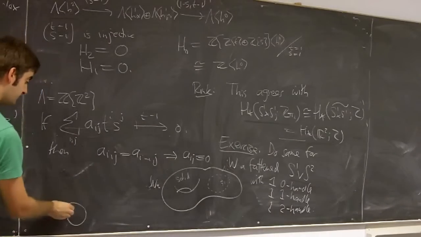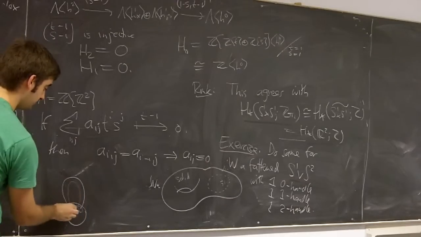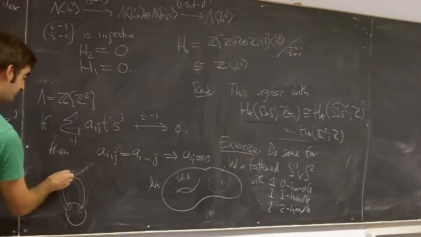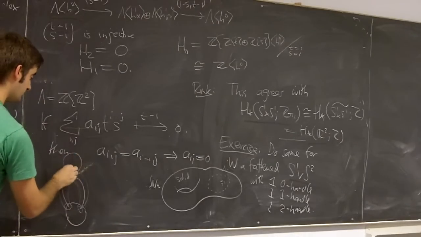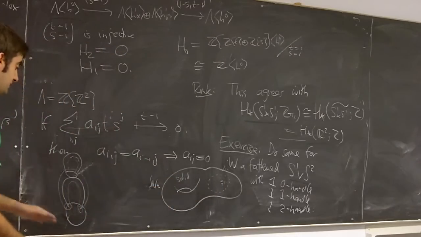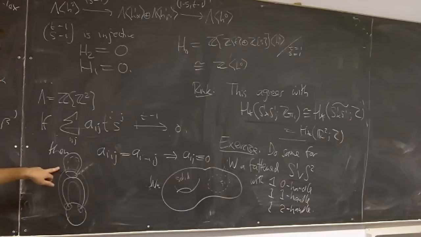Then I want to attach a 1 handle. This has now given us this torus. And then I want to attach a 2 cell. And this gives us this hole inside here. I want to build it up like that, from the empty set to now have both boundary components as M prime on the top.